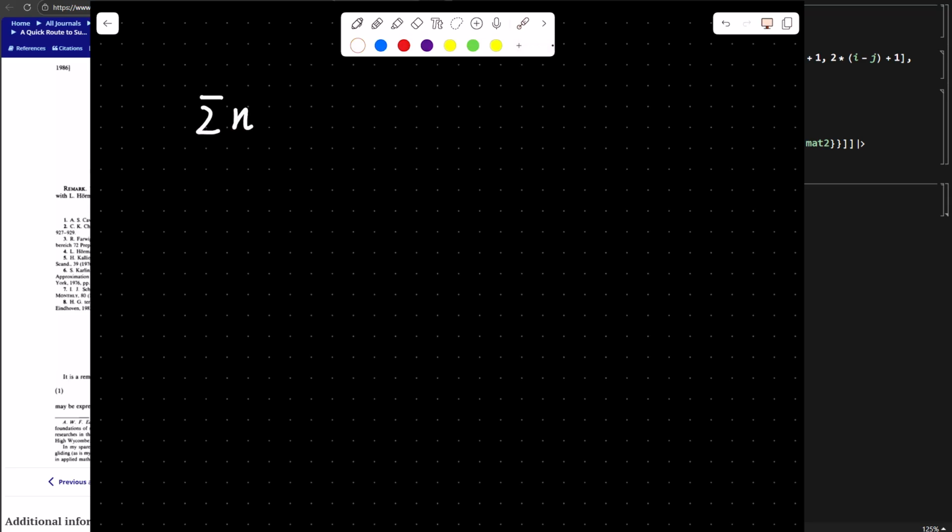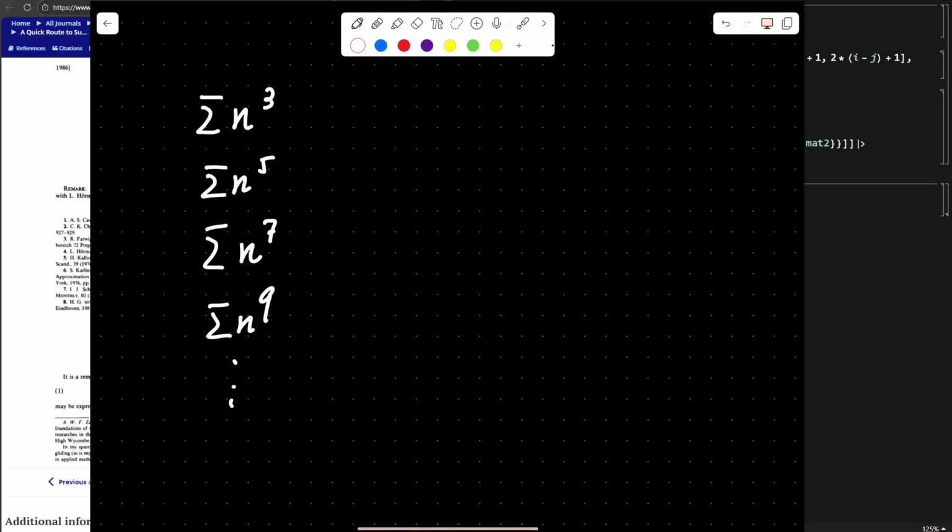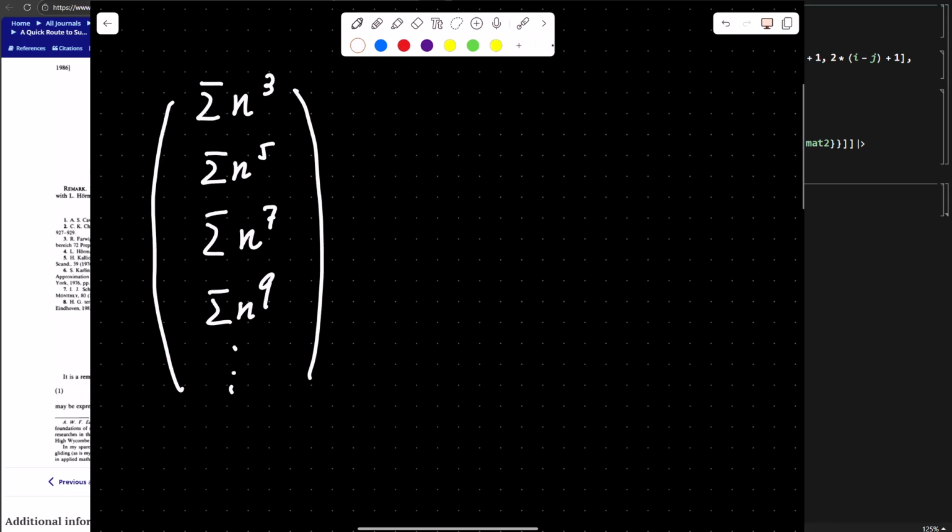On the left hand side is the sum of all the odd powers, dot dot dot, and this is really an infinite matrix.